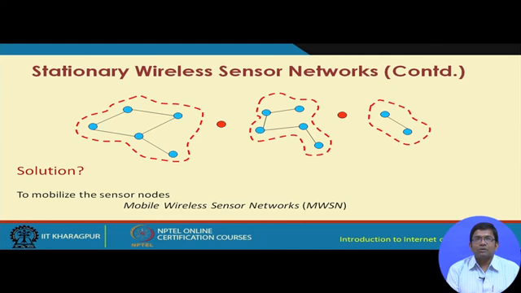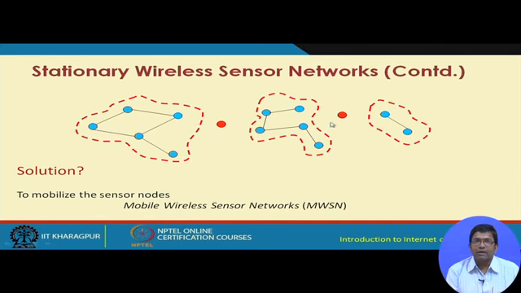One way to address this is to have some node, maybe some external node external to this particular network, or, among these, if we can have one of these nodes mobile, which can move, then one of these nodes, let us say this particular node, can come and take the position of this red colored node, and these partitions will be joined.